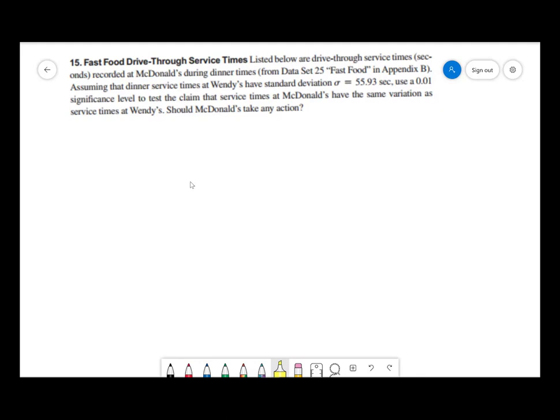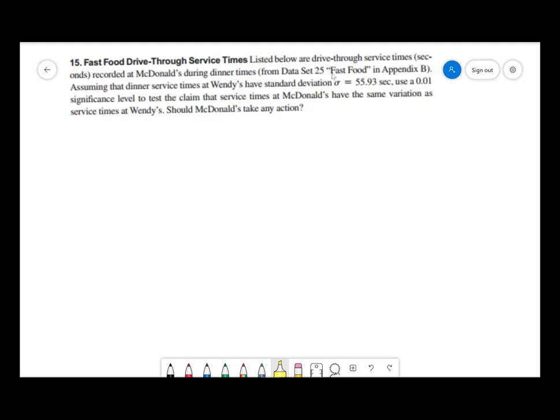We're going to assume that dinner service times at Wendy's have a standard deviation of 55.93 seconds. We're going to use a 0.01 significance level to claim that the service times at McDonald's have the same variation as at Wendy's, and we're going to talk about whether we should take any action. So let's look at that.